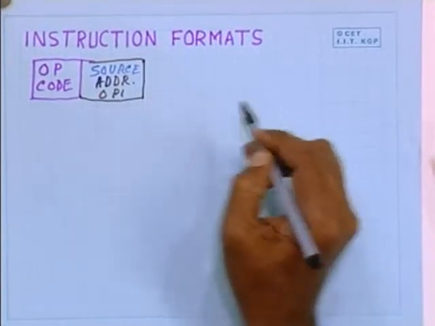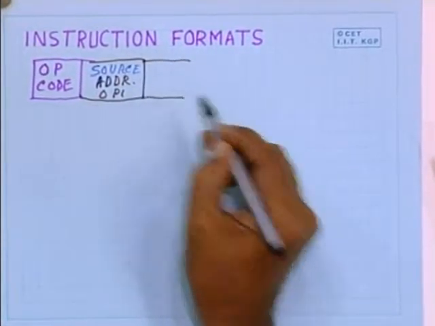Suppose you are performing addition of 2 numbers. You have to provide the source address of operand 1, the source address of operand 2. You have to provide where the result will be stored, and finally, where the next instruction will be taken from for execution.